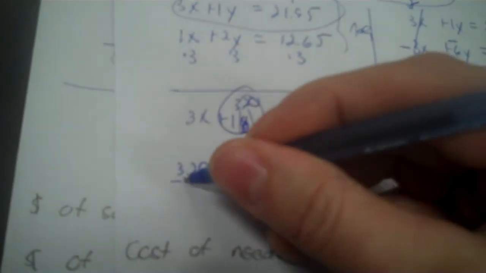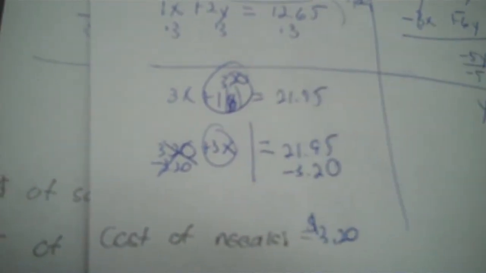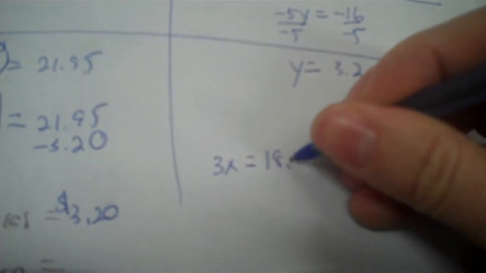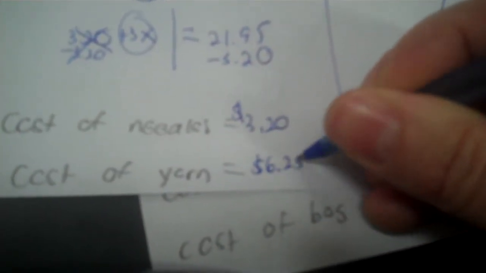Okay, so I subtract 3.20, subtract 3.20, 3X equals 18.75, and then I divide both sides by 3, and I get 6.25, so X is 6.25. So that's your other answer, okay? 3.20, 6.25.